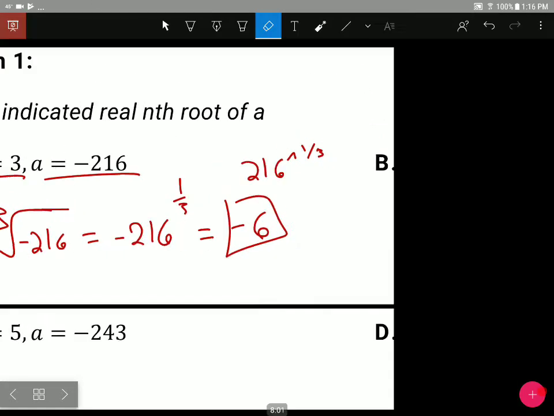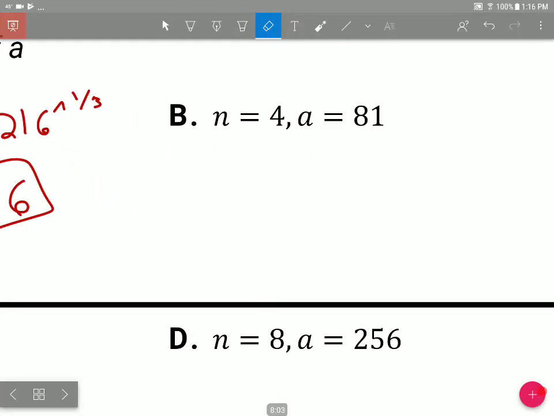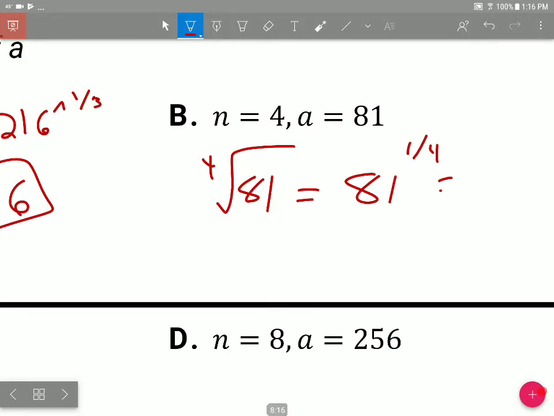All right, letter B. So 4th root of 81. So we want the 4th root of 81. So on your calculator, you're going to put 81 to the what power? 1/4. Shove it in your calculator. What do you get? Good. That's it.